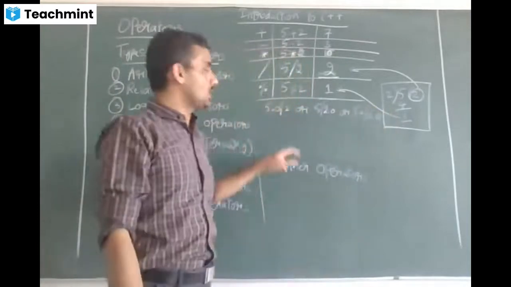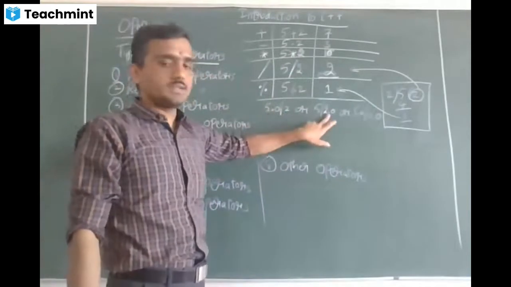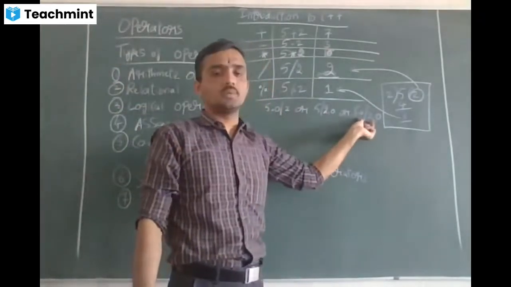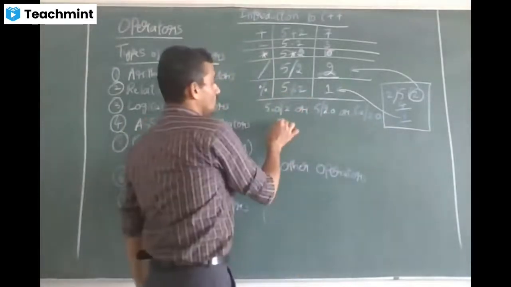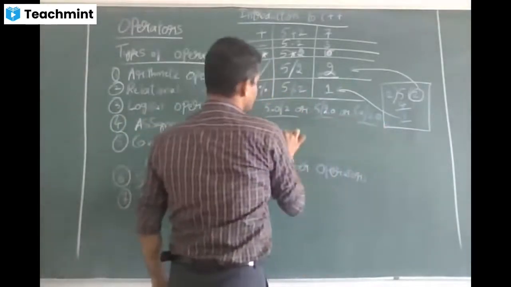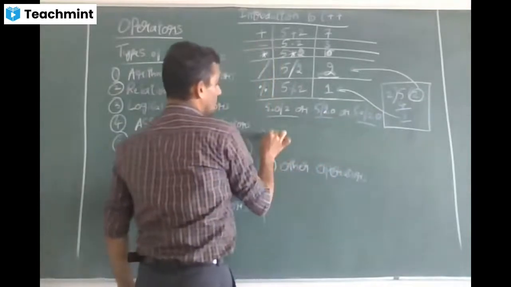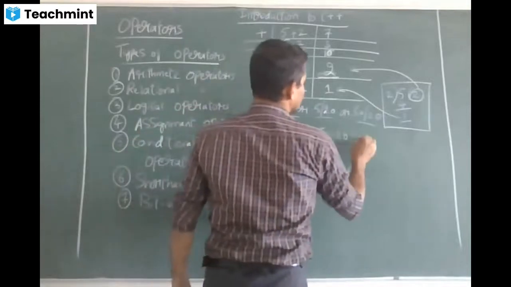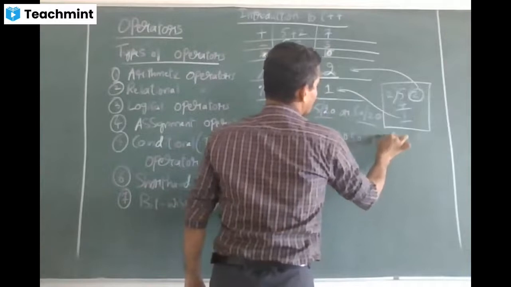That means you can make the numerator a floating point number 5.0, or the denominator a floating point number 2.0, or both floating point numbers 5.0 and 2.0. But when you are applying the mod symbol, you should be very careful. If you write any of these using the mod symbol, then it is wrong. You cannot say 5.0 mod 2 or 5 mod 2.0 or 5.0 mod 2.0. All are wrong.